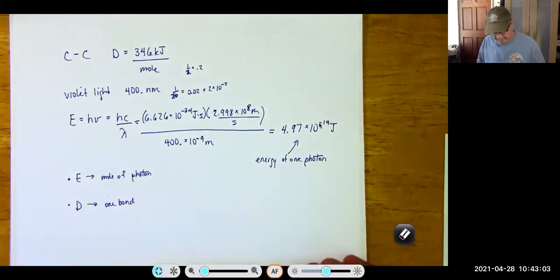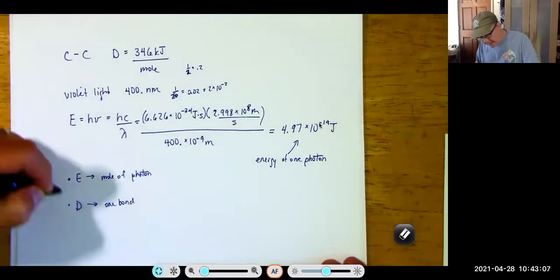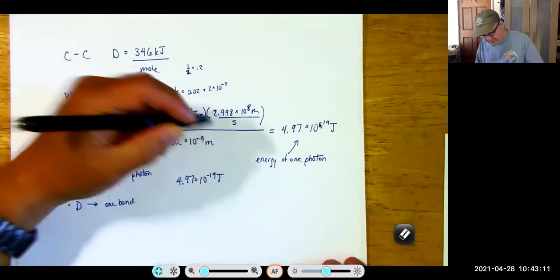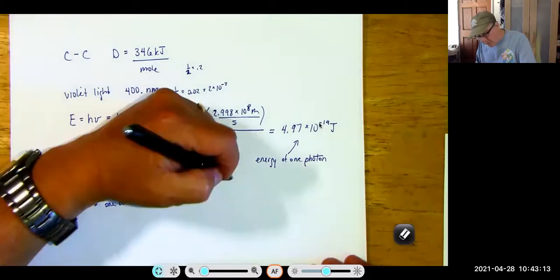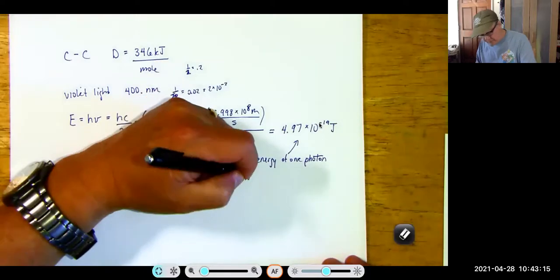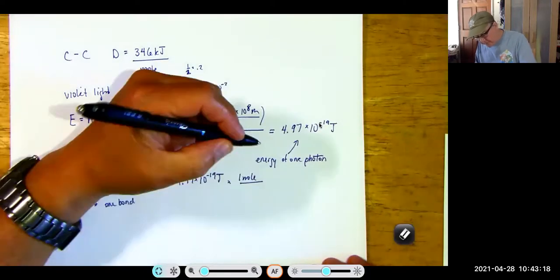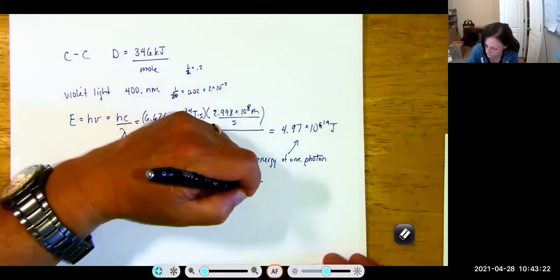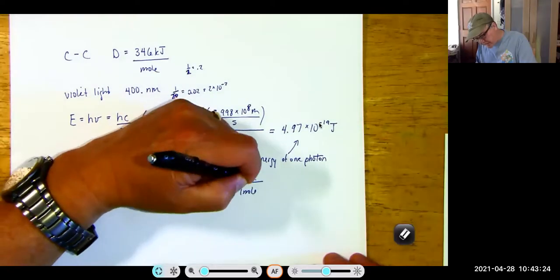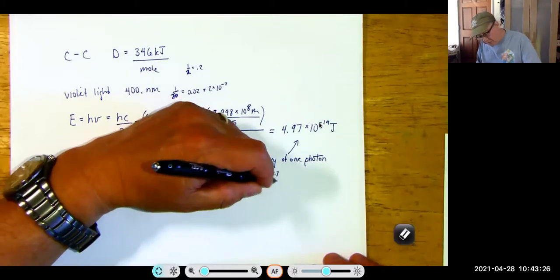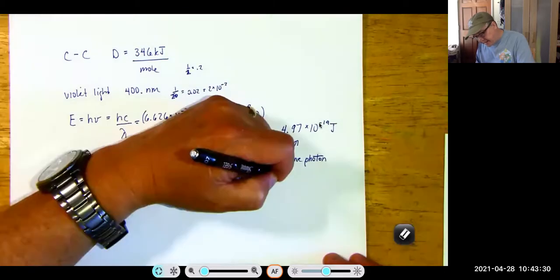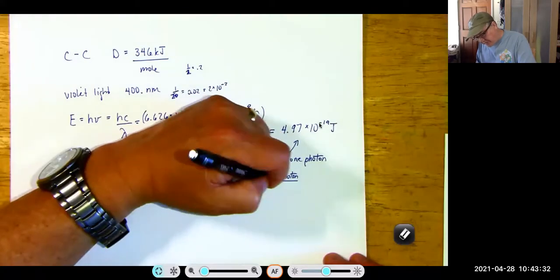We've got 4.97 times 10 to the minus 19 joules, and then we're going to multiply by 1 mole on the bottom and 6.022 times 10 to the 23rd on top. So this is per 1 photon, and this is that many photons per 1 mole of photons.